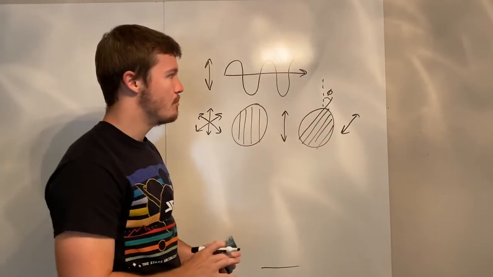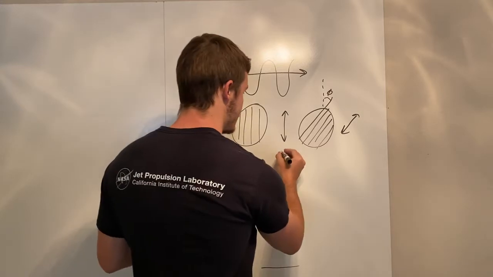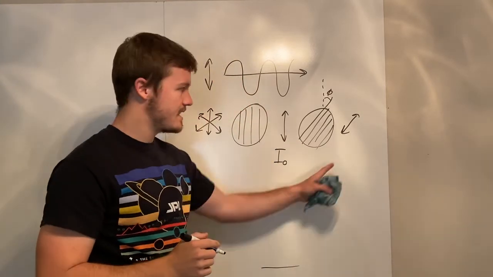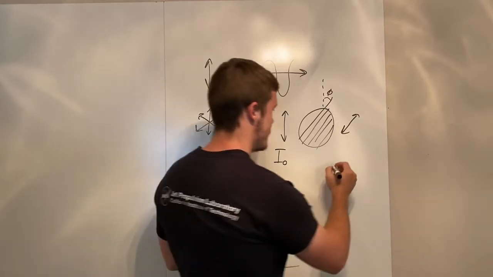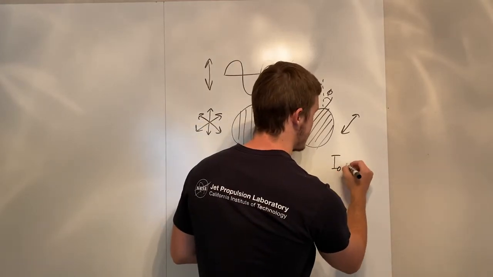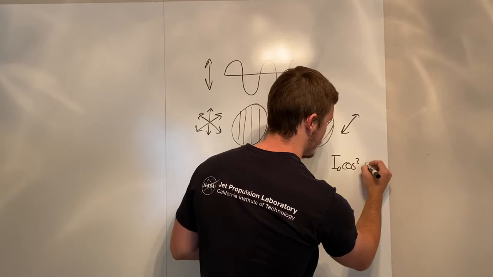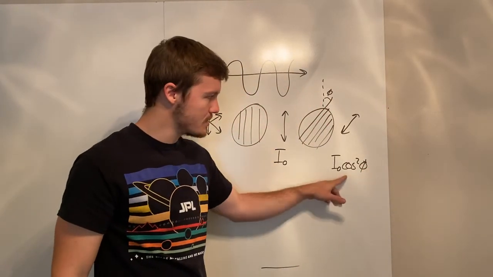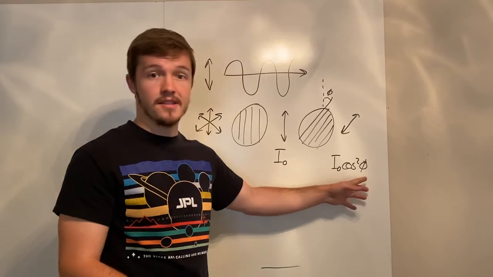The light I get out the other side is going to look like this because it matches up with the direction, but what's the intensity? If the intensity right here was I0, then the intensity I get out over here is I0 times cosine squared of the angle. The first thing to note is that cosine of 90 degrees is 0.